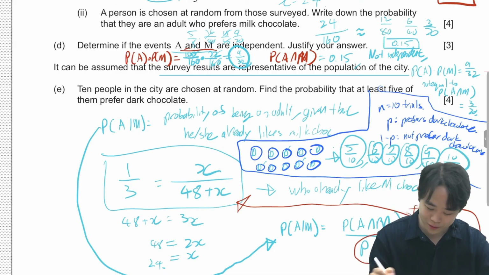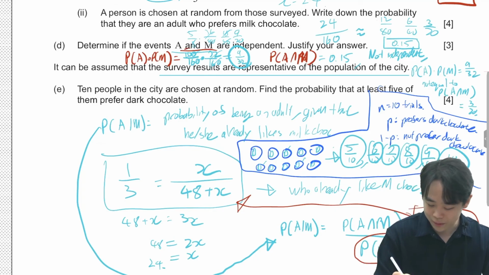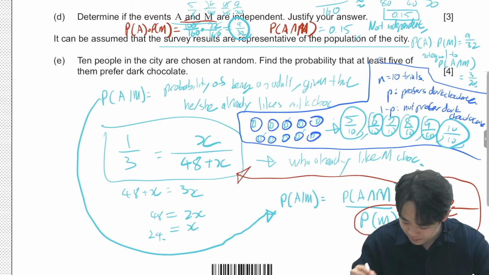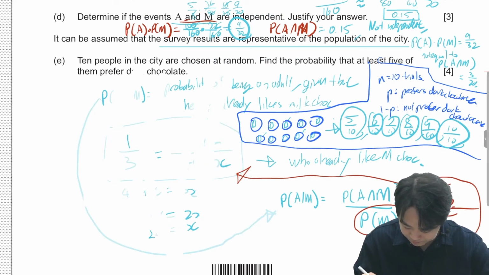So in order to do this manually, what you would do is something like this. We know the probability of preferring dark chocolate, right? So let me just take out the earlier steps from here.